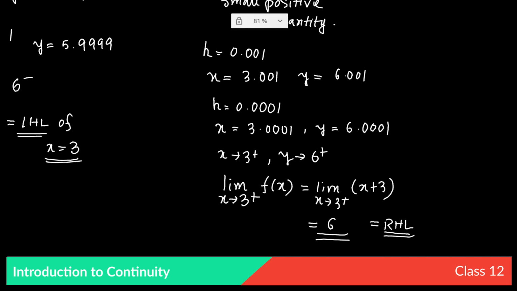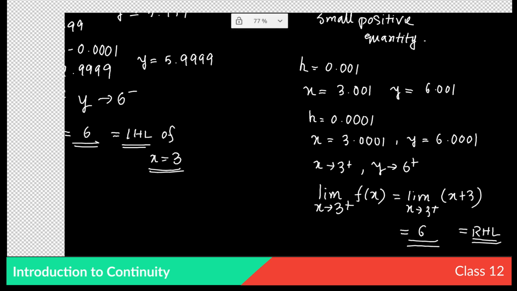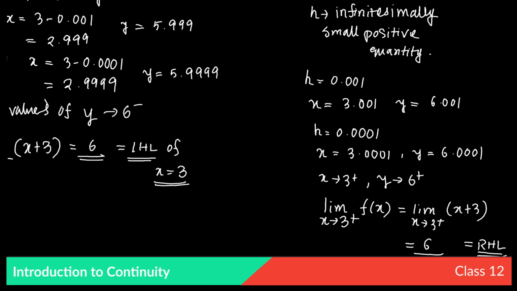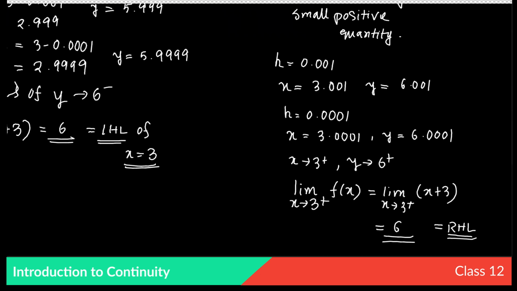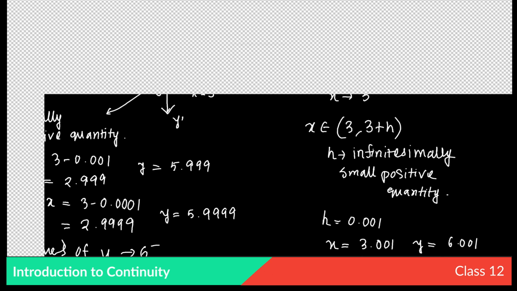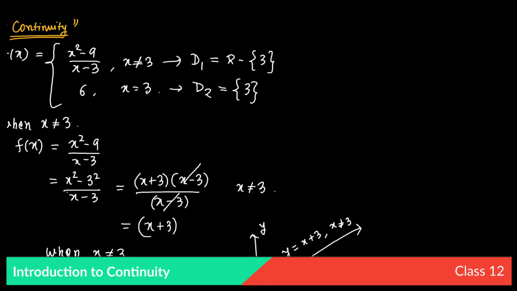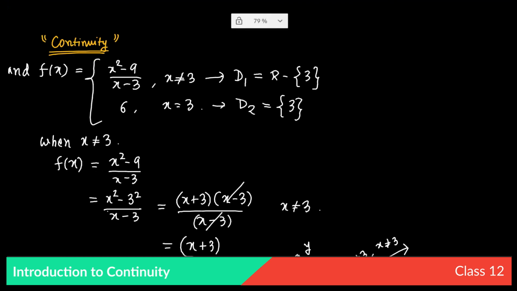Now you can see that in both cases, LHL and RHL, we have got the limiting value as 6. And if you see carefully, at x equals 3 the functional value is also 6. At x equals 3, f(x) will be 6 according to the given function.